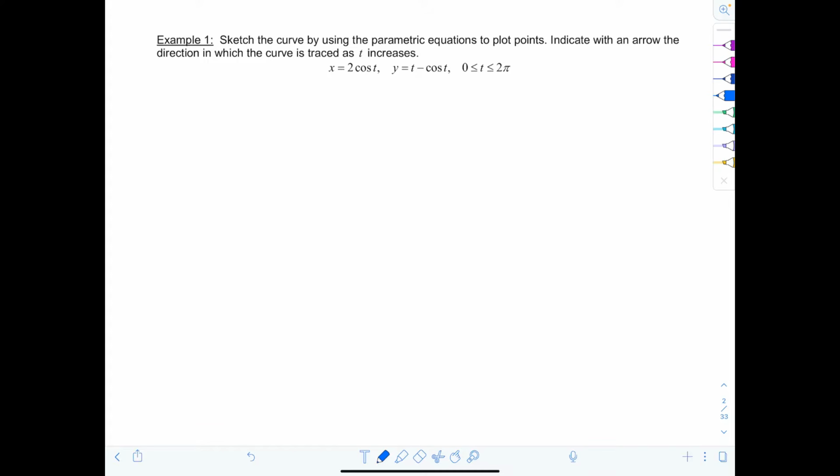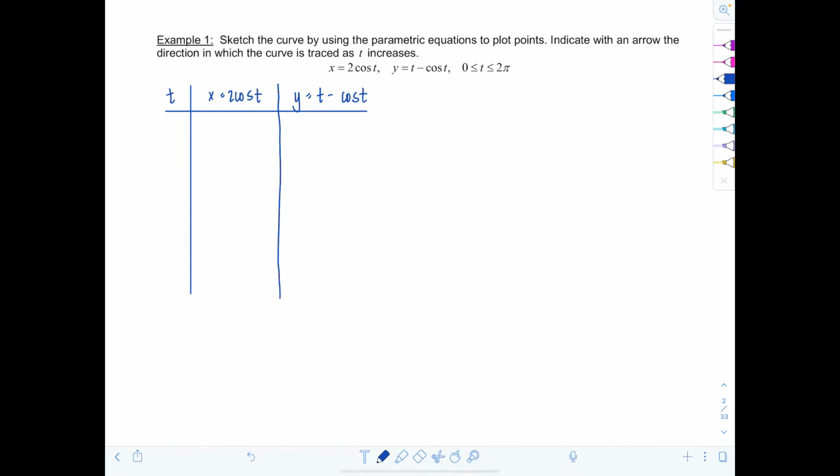So I'm only going to plug in values between 0 and 2 pi inclusive for t. And then I'm going to figure out what the x and y values are by using the equations given. So x equals 2 cosine t, y equals t minus cosine t. And then it's up to us exactly how many values we want to plug in. Just enough to get a nice graph.